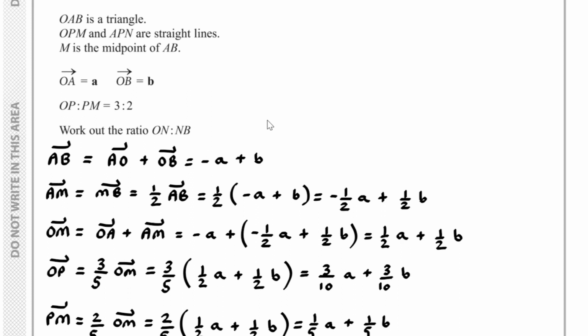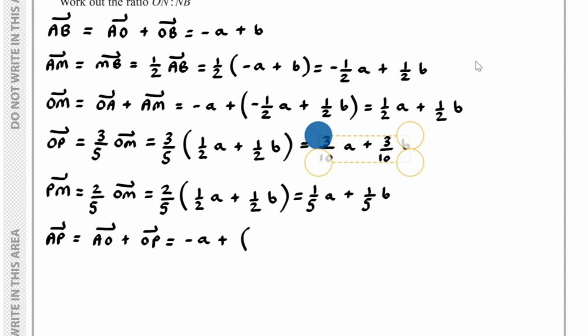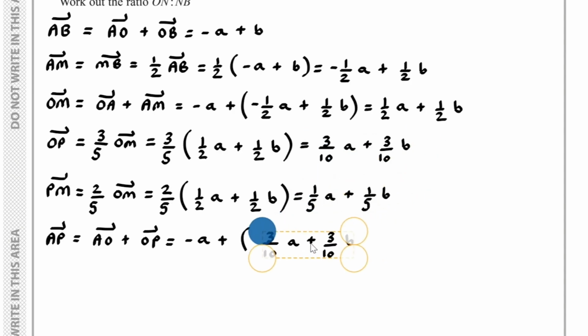So the vector AP, that's equal to the vector AO plus the vector OP. So I've got AO, which is minus A, plus the vector OP, which is 3/10 A plus 3/10 B.